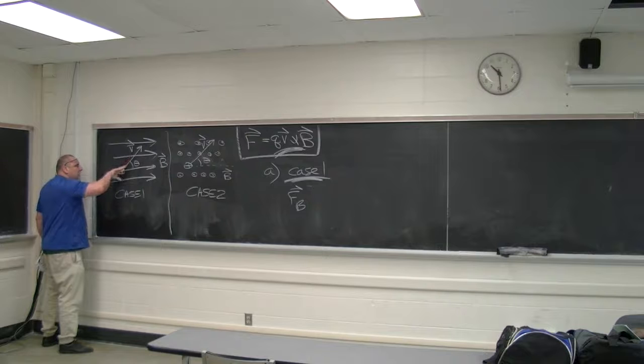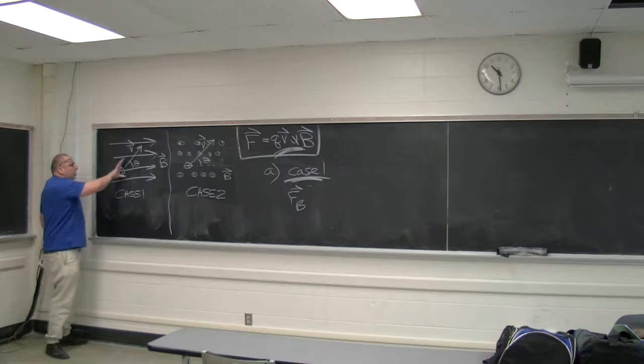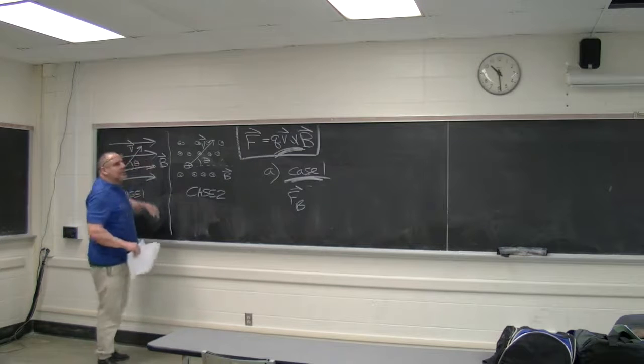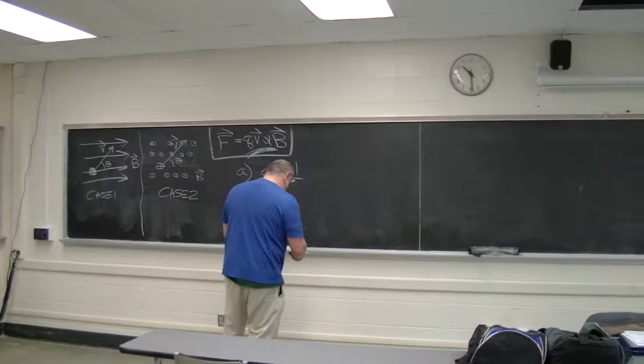So go here, go that way, cross. qv cross B, bam. Your thumb goes into the board. qv cross B, thumb into the board. Okay, it's into the board. If this is X, if that's Y, that's negative K vector. It's in the negative K direction as we do this thing.